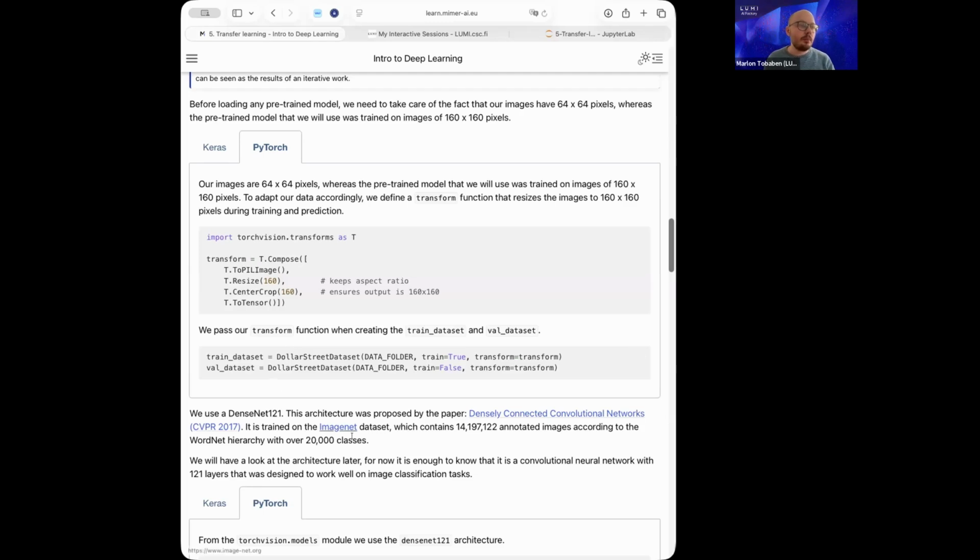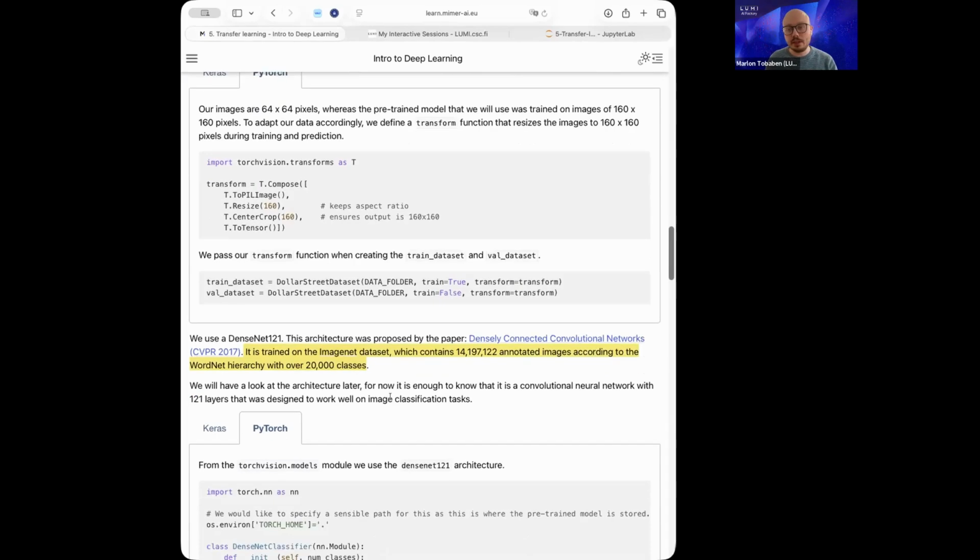But here, we already said that this model has seen data already. It has been pre-trained on the so-called ImageNet dataset, which is a very common dataset. It has already learned to classify, in this case, 20,000 different classes, based on over 14 million images.